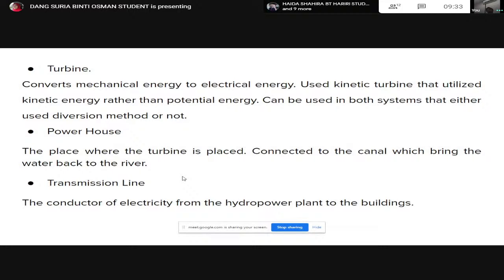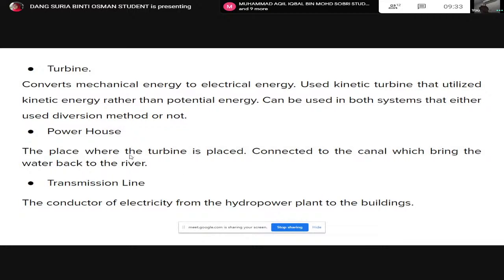It can also be used in both systems, whether impoundment or diversion like run-off river, like our hydropower plant. This kind of turbine utilizes kinetic energy rather than potential energy.